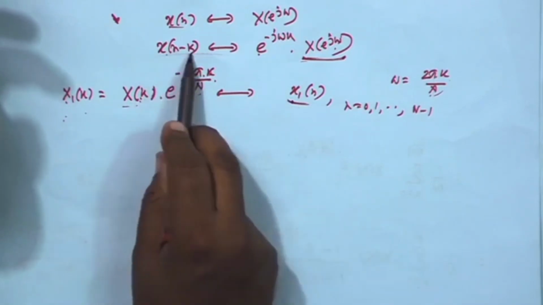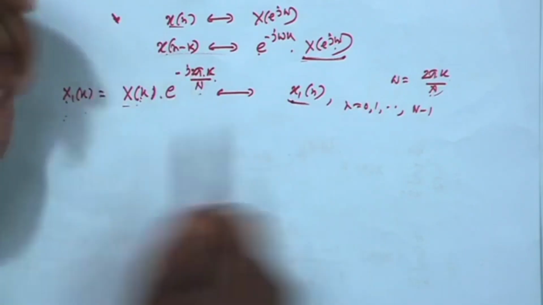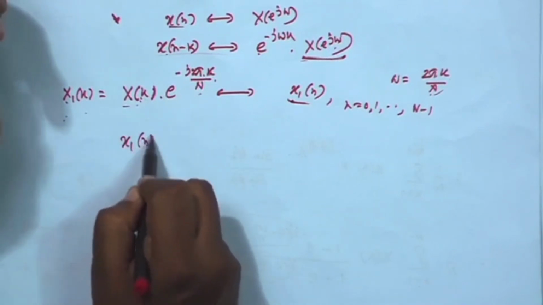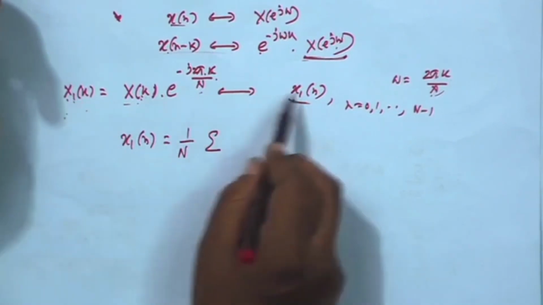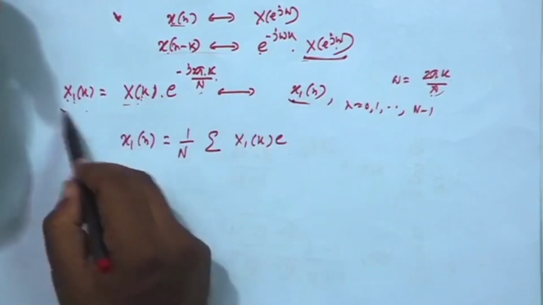That time it was x n minus k, just shifted version by k, but this time x 1 n will be related to x n in which way? Fine. So, x 1 n will be the inverse DFT of capital X 1 k, that is the definition I got from here.